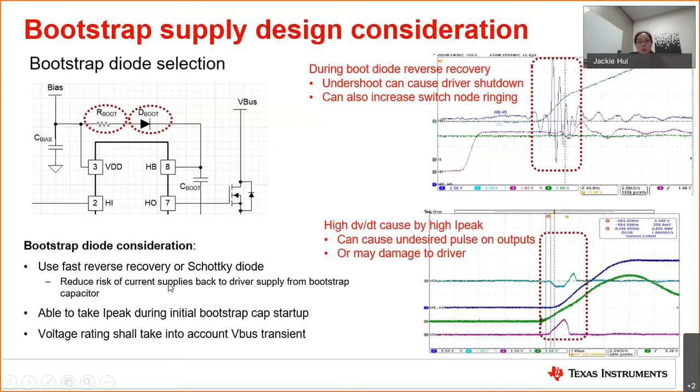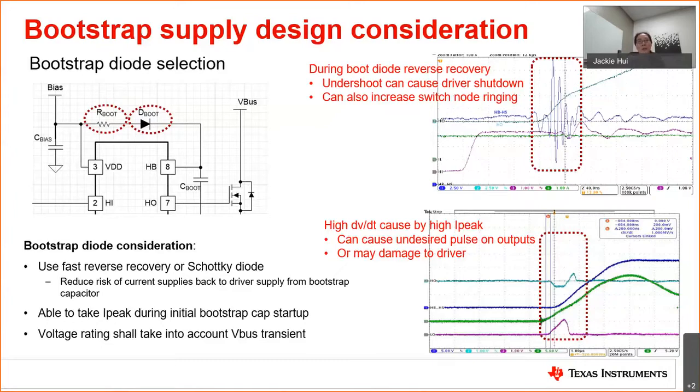Another consideration when choosing the bootstrap diode is to select the right voltage rating and power rating for it. The reason is you want to pick a voltage rating that takes into account the bus transients.